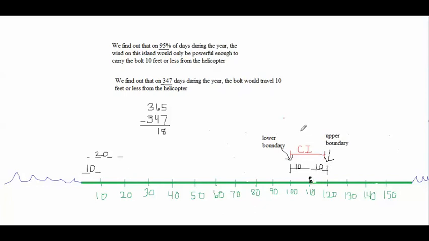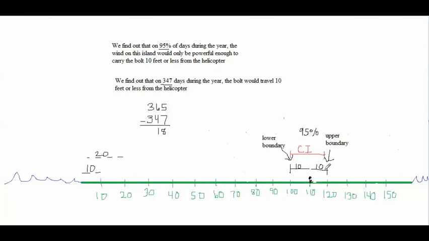So we would say that we are 95% confident that the helicopter's previous location was somewhere between 100 and 120, inside of our confidence interval.